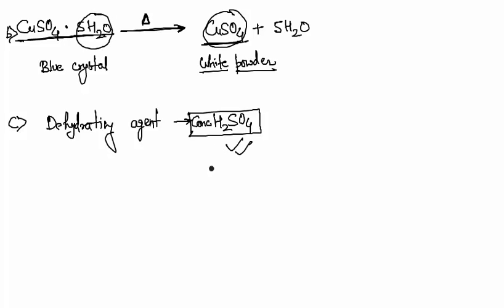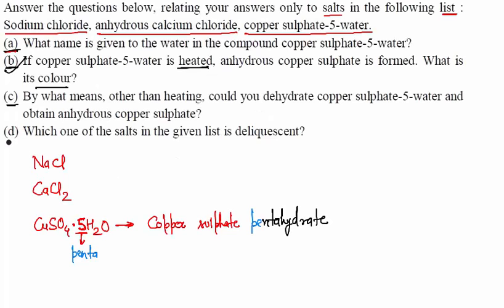So without heating, you can convert CuSO4.5H2O into CuSO4 with the help of concentrated H2SO4, which is a dehydrating agent.